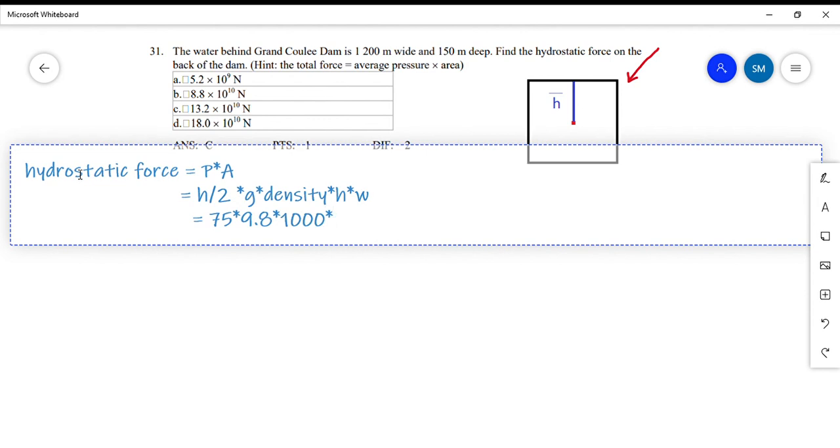We substitute half of the height in the pressure, but when we calculate the area, we will not substitute half of it, we will use the whole height. So the height is 150 times the width, which is 1200.